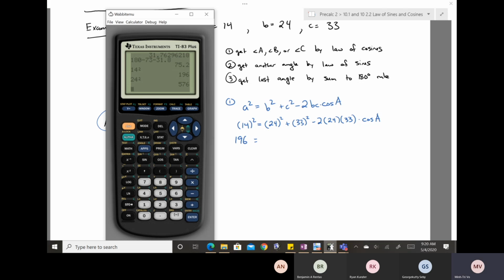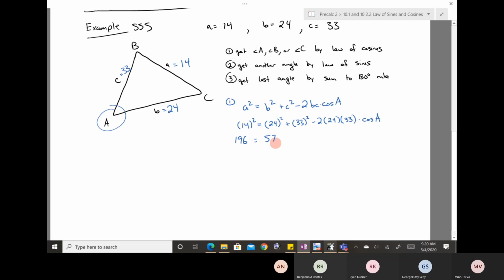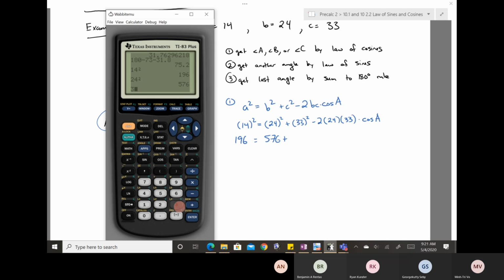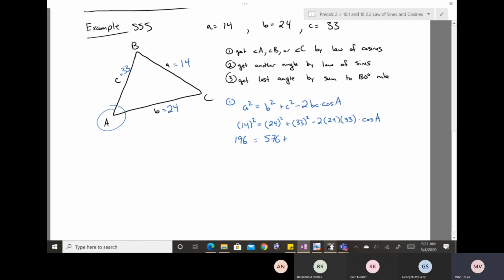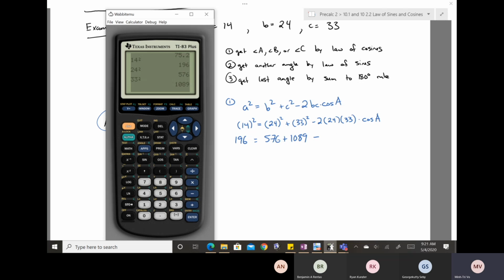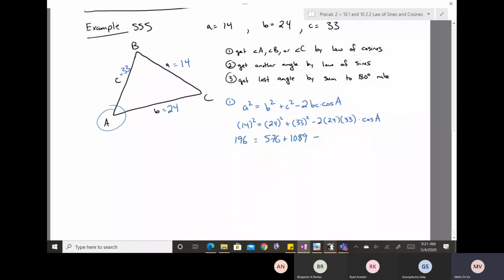It's 576. What is 33 squared? It's 1089. And then 2 times 24 times 33 is 1584.